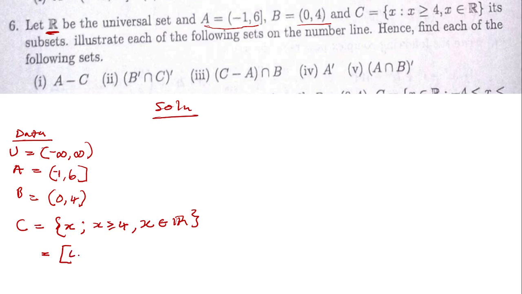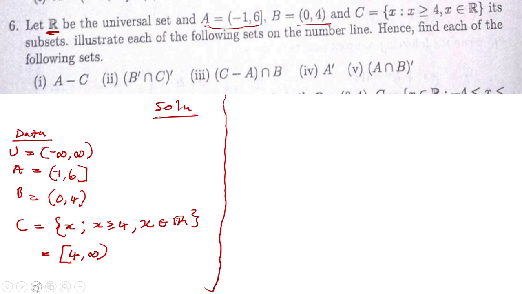So I'll put a block bracket, say 4, comma, positive infinity, and then open, like that. Once I change C into interval notation, I am able to do everything I've been asked in this particular question, which is very easy and straightforward.